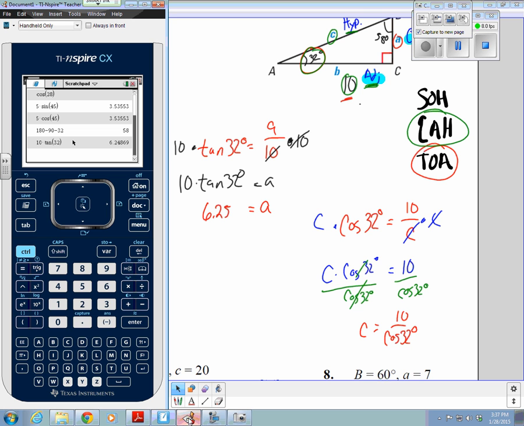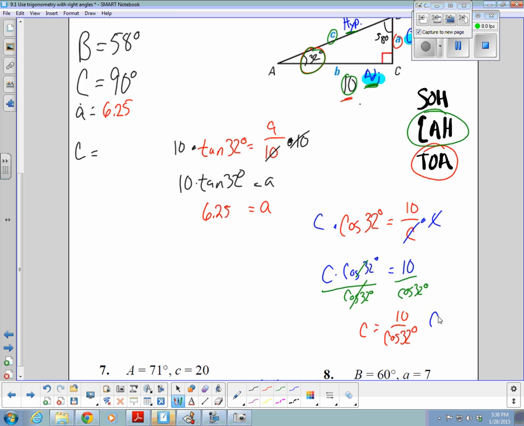Calculator. 10 divided by cosine 32 degrees. Enter. Bam, right there. 11.79. Let's just call it 11.8. So c is equal to 11.8.